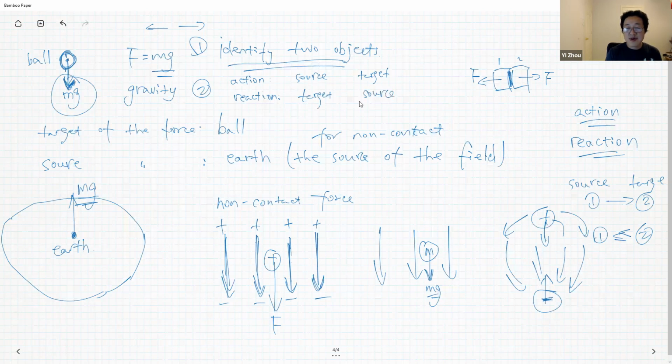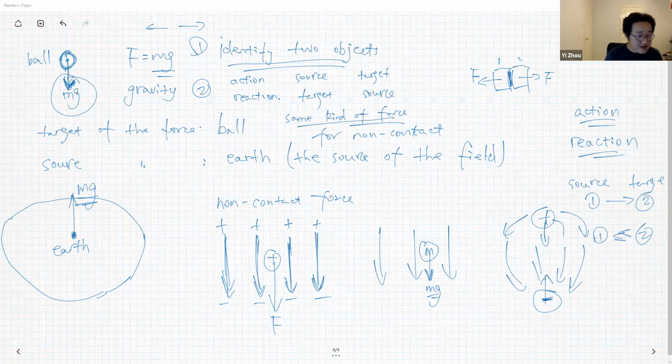That's simple. Then what else? They must be the same kind of force, okay? So if one is a gravitational force, the other one cannot be an electromagnetic force. All right.